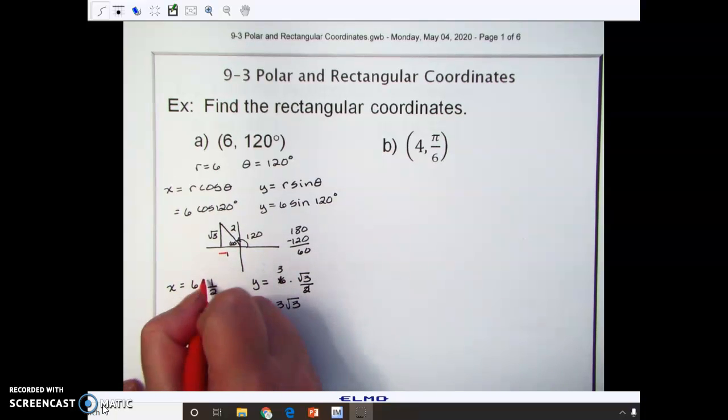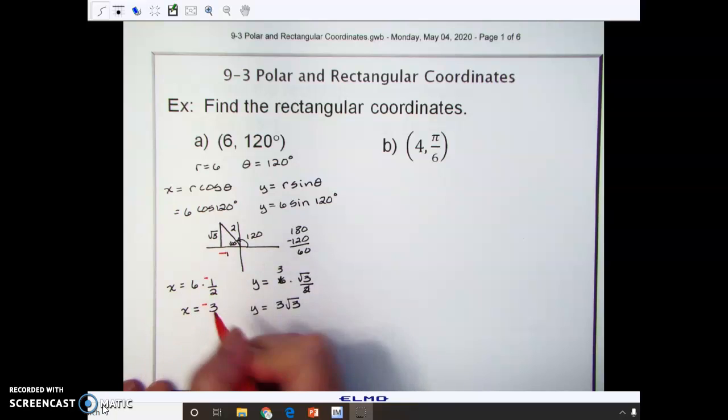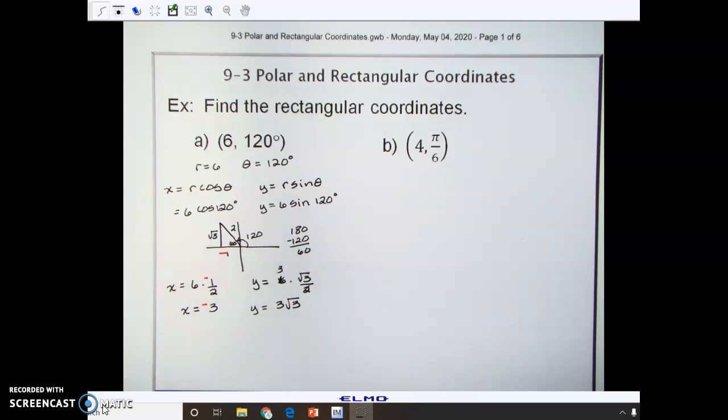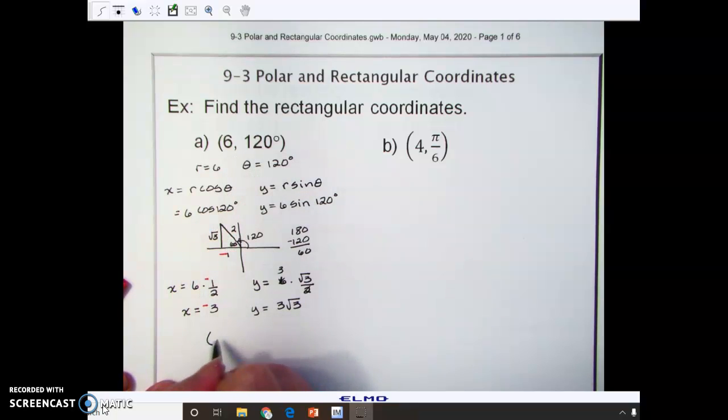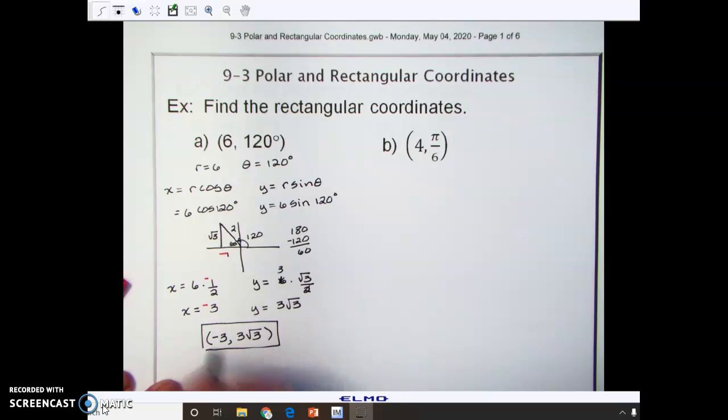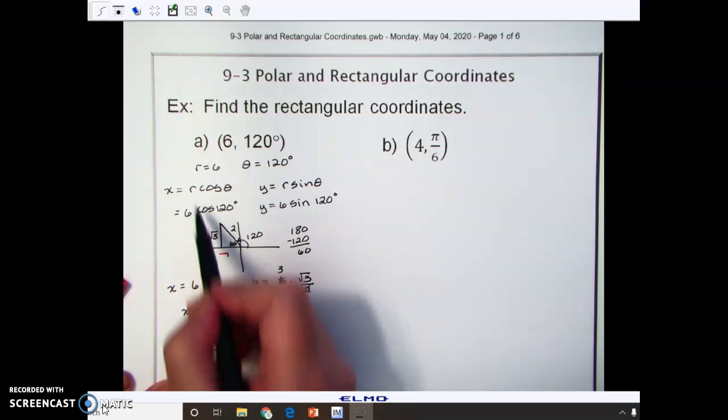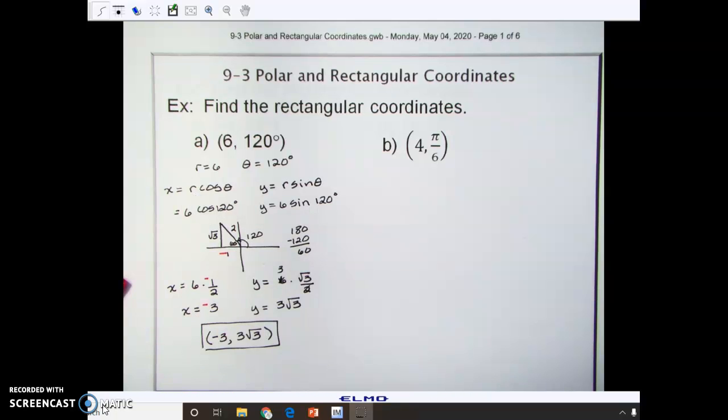So this would be a negative 1/2, making this a negative 3. So 6 comma 120 degrees is equivalent to negative 3 comma 3 root 3 in rectangular coordinates. That means I could go to the left 3 units and up 3 root 3 units, and we would be at the exact same point.